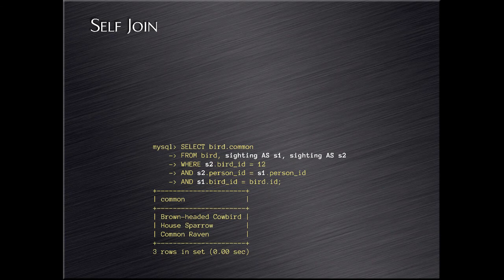Citing table 2 is the one that was in the diagram on the bottom right. In that one, I'm asking to find all the rows where the bird ID is 12. That's the cowbird. So in that bottom right citing table, I'm saying, give me all the rows that belong to a cowbird.